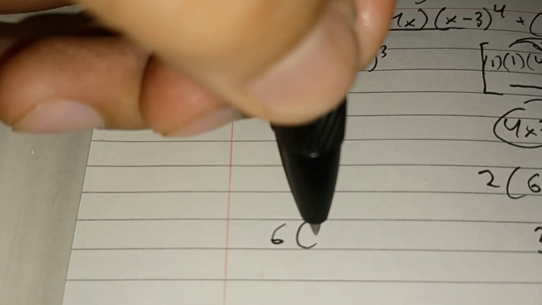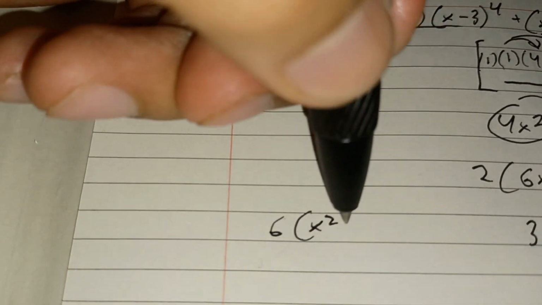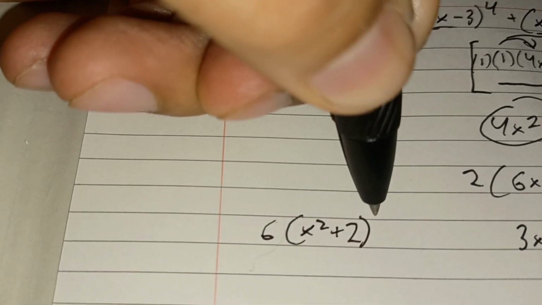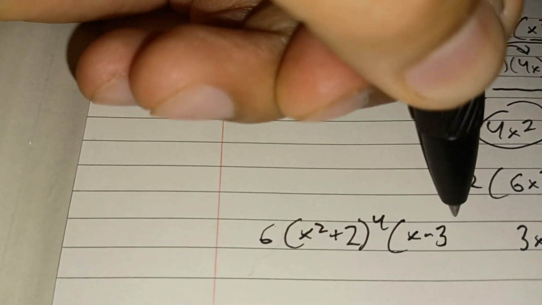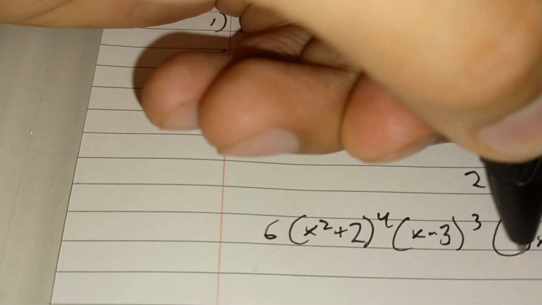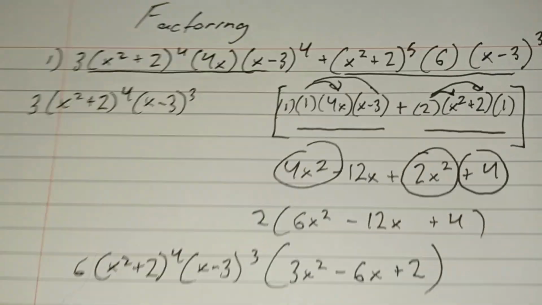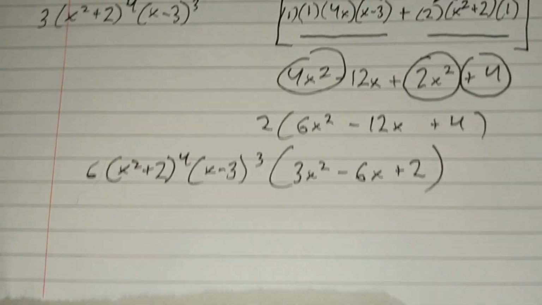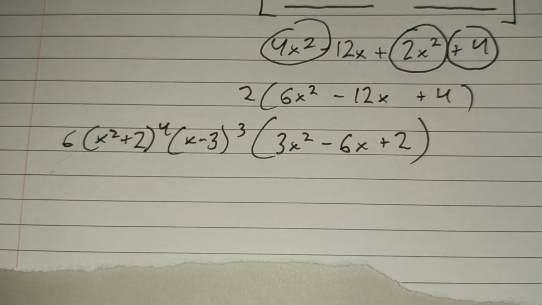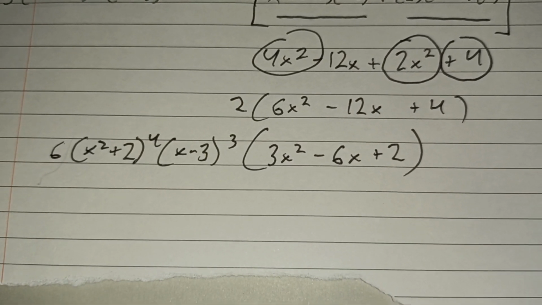6 times (x^2 + 2)^4 times (x - 3)^3, in parentheses. And then just check your answer. Check if we have to factor stuff out, and it doesn't really look like it.